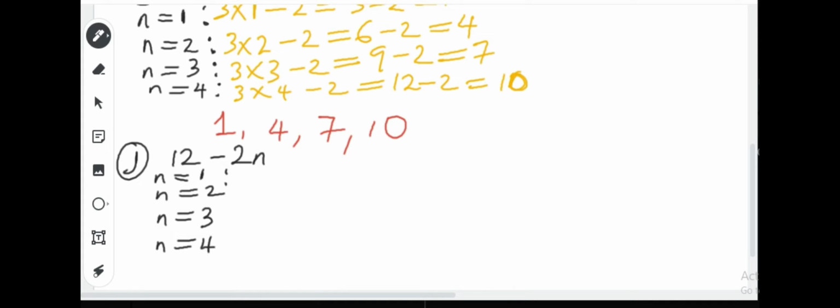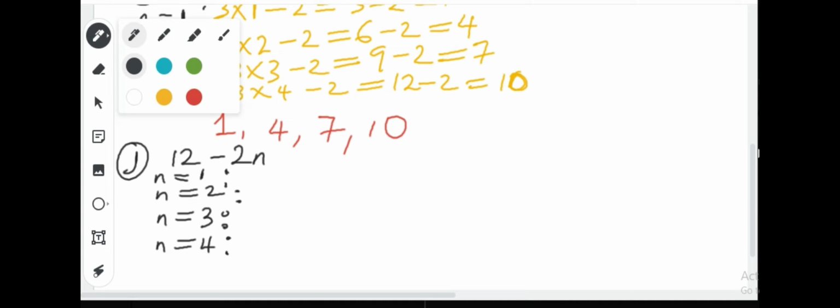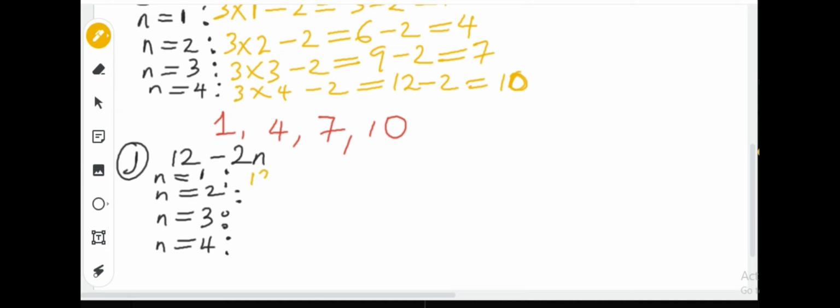So we just work out to get the terms. The first one will be 12 minus 2 times 1, which is 12 minus 2, because 2 times 1 is 2, and that gives 10.